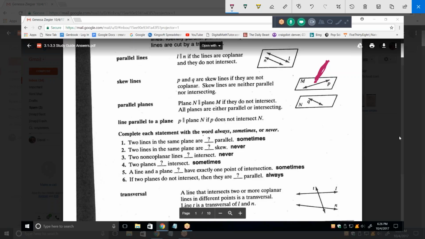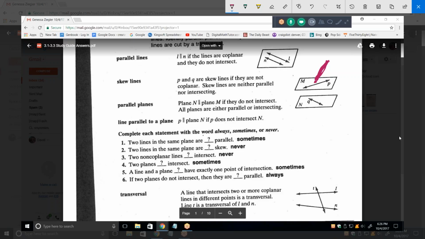Okay, so now we get to the questions. Just a second, let me read that last one. Line parallel to a plane. Okay, that line Q that they're showing is outside that plane.